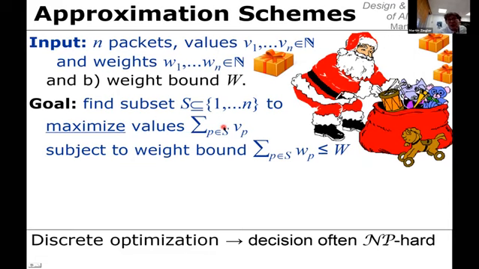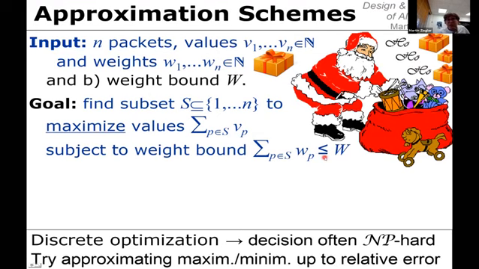So in this case, the answer to the problem is not yes or no, but the answer is pick the following packets in order to maximize the values under this constraint. So here it's a maximization problem. You want to maximize the value while satisfying the weight constraint.